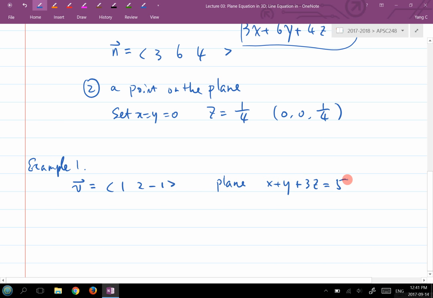So I give you a vector and a plane. Here's the question: what is the relationship between v and the plane?